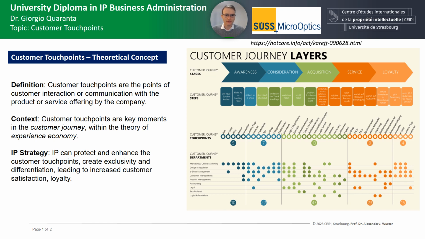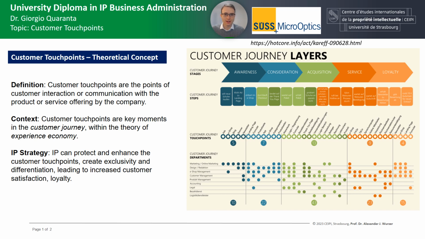Those are the points in which the customer interacts with the product which is offered by the company. This is part of the so-called customer journey, which is the full experience that is defined between the customer and the product, and ultimately between the customer and the company itself.